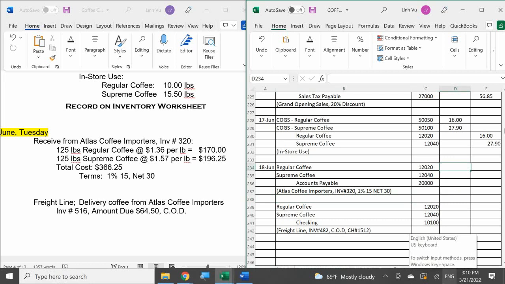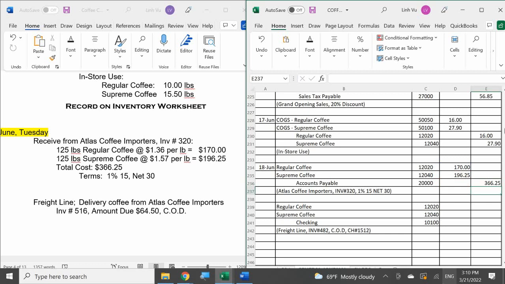How much regular coffee did I buy? $170, and then I got $196.25, which should equal $366.25.